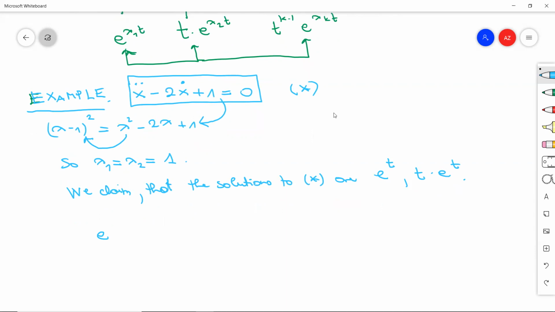So e^t double prime minus 2 e^t prime plus 1, so e^t double prime is just e^t.